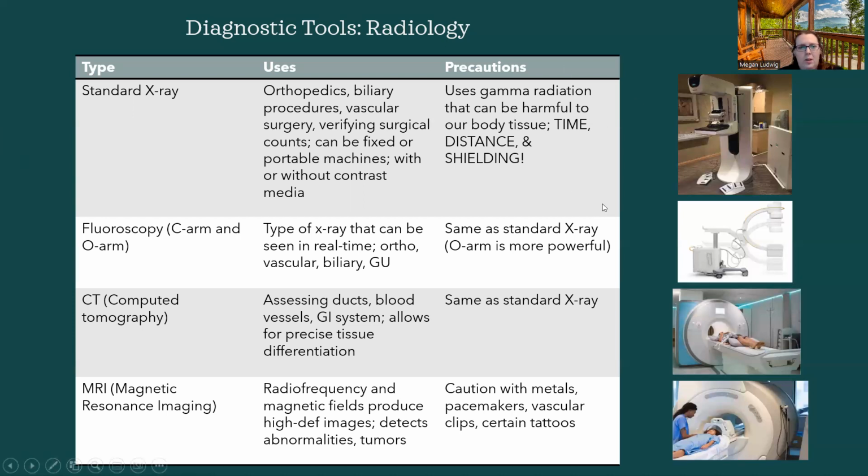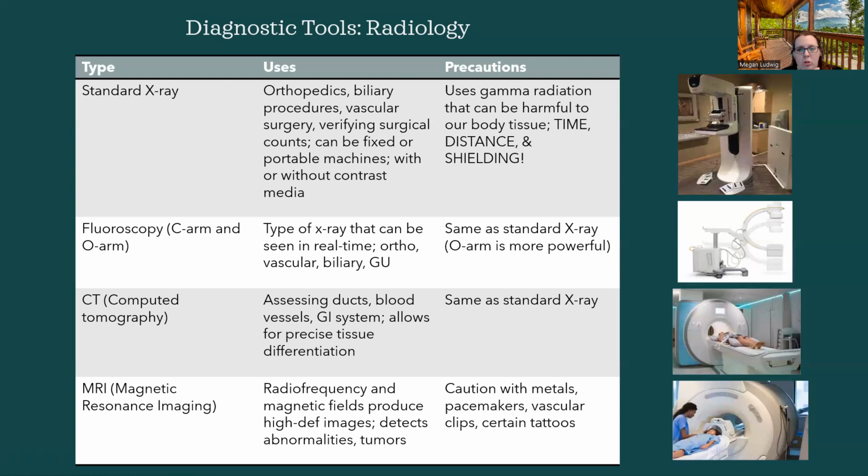Some precautions you should be taking with standard X-rays. It does use a type of radiation that can, over time, be very damaging to our body tissue, especially things like your thyroid and your reproductive organs, which are most susceptible to being injured. So we try to shield those areas.